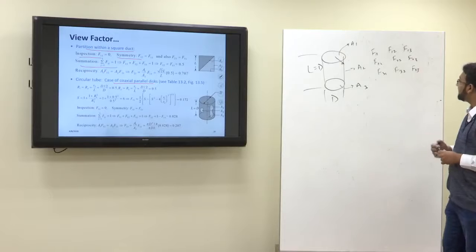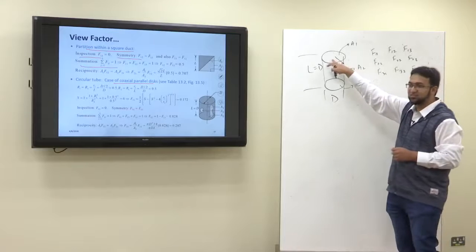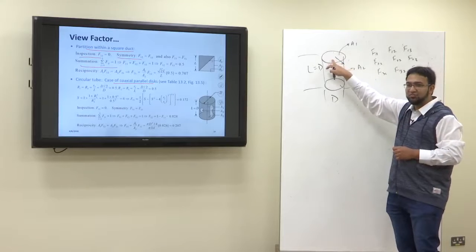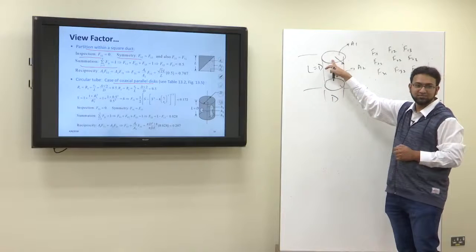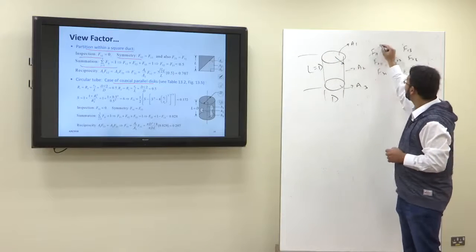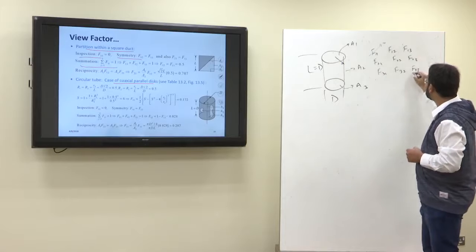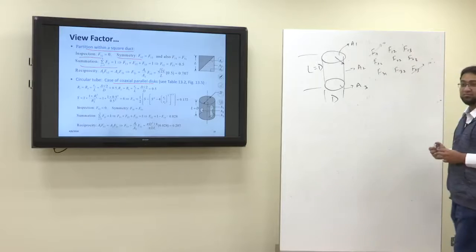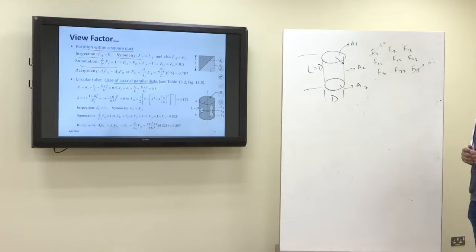One thing is very clear: this is a plane surface, so any radiation emitted by 1 cannot reach 1. So this is 0. Same for 3. Not the same for 2, because radiation emitted by 2 can reach 2.